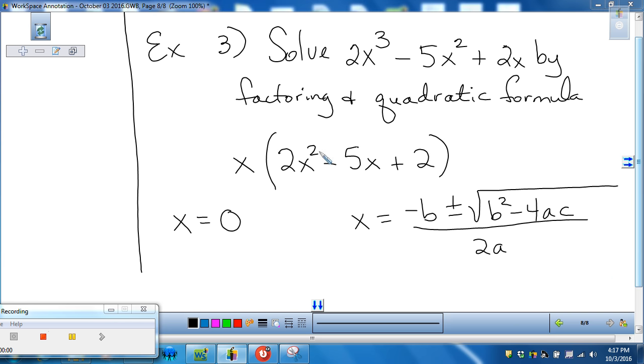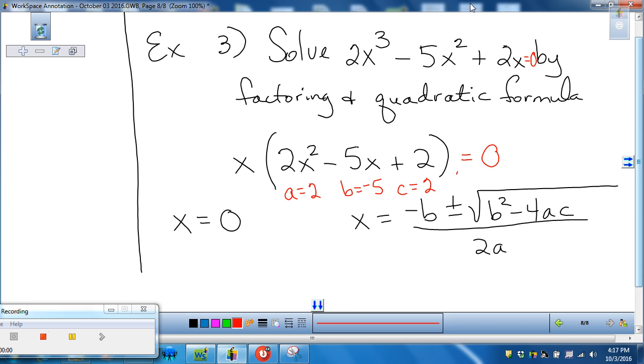And these numbers come from: a is the number in front of the x squared, so our a is 2. B is the number in front of x, so our b is negative 5, and c is the other number that doesn't have an x, so our c is 2. And this entire thing is equal to 0. I left that part off.